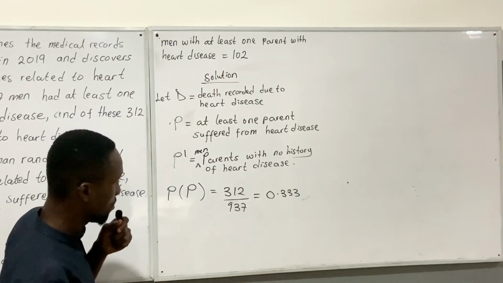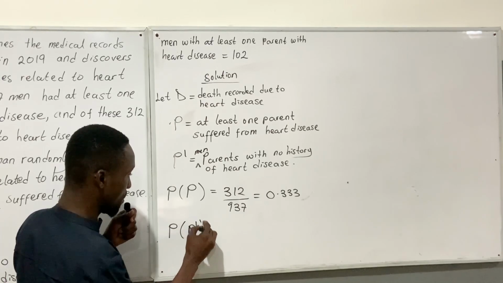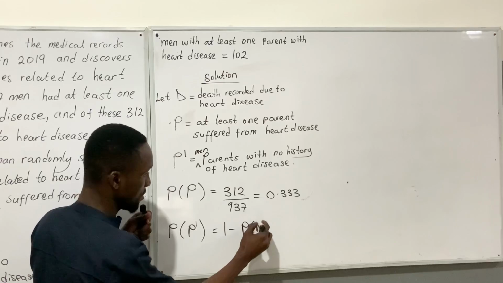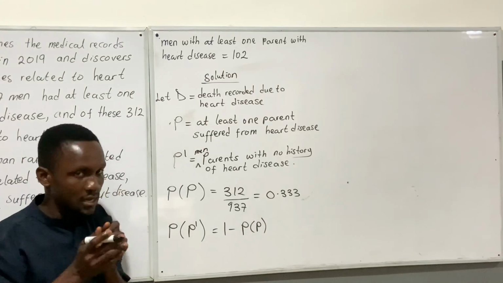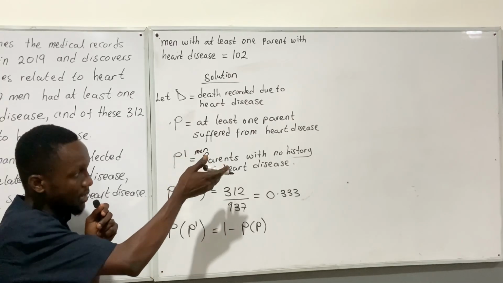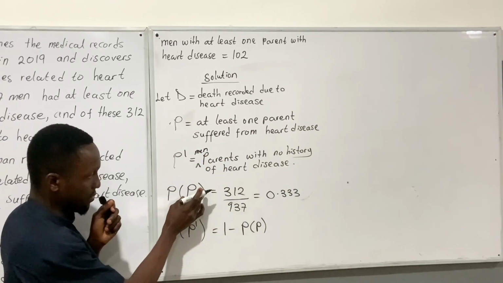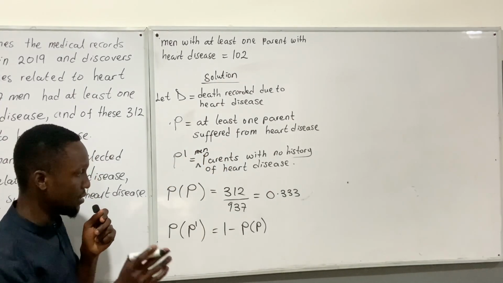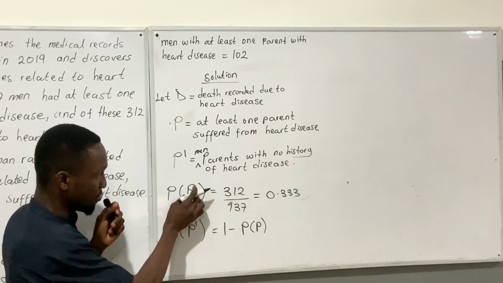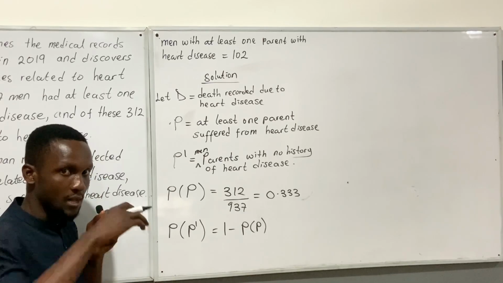So now P of P complement should give us 1 minus the probability of P. So the whole idea is that men who died having parents with heart disease are this, and men who died having parents with no heart disease, if we want to find it, we will subtract this from 1. So that is the total problem.